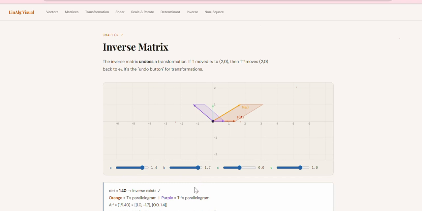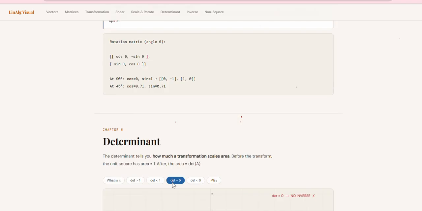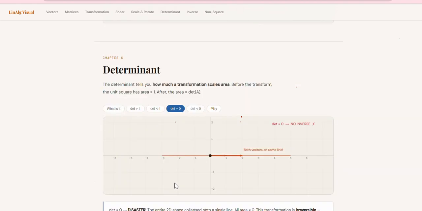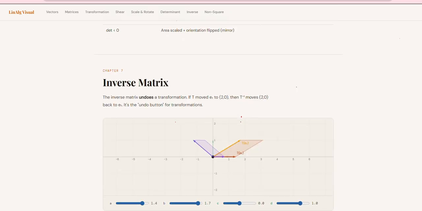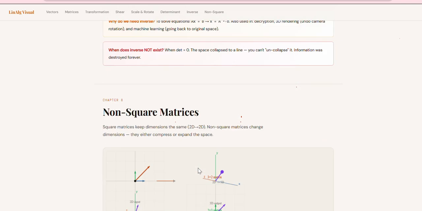Okay, I actually mistakenly said non-singular. When the determinant is 0, that is a singular matrix. So for a singular matrix we are not going to have any inverse, whereas otherwise it is going to be invertible, right?